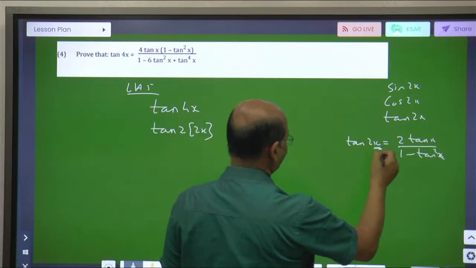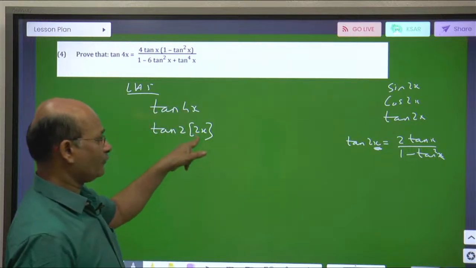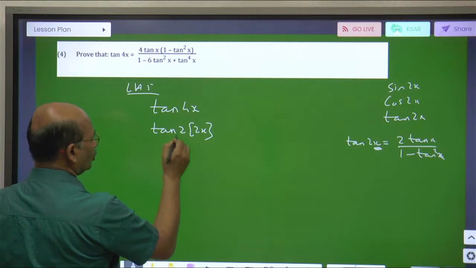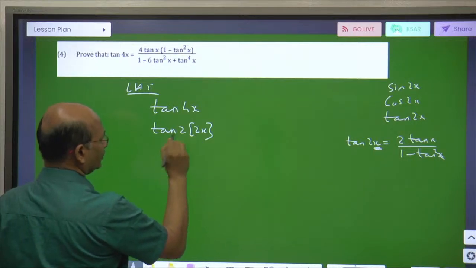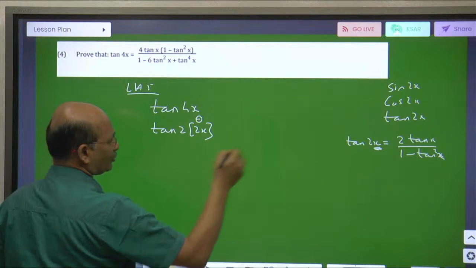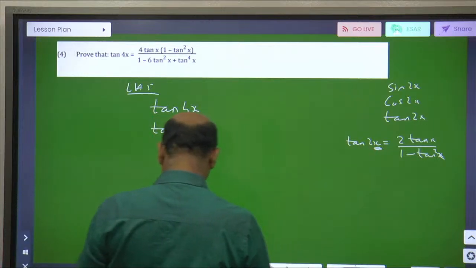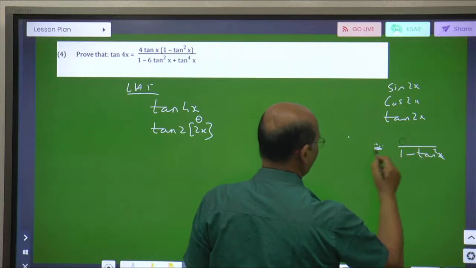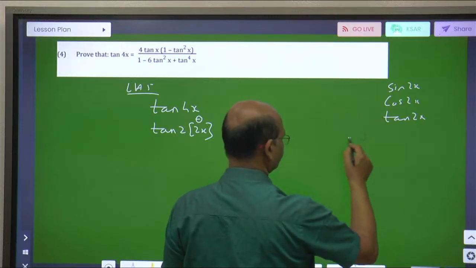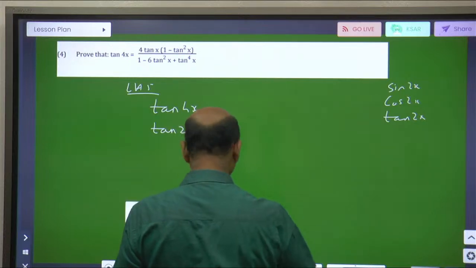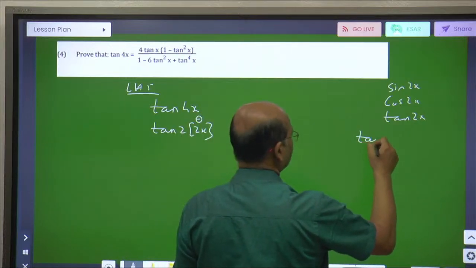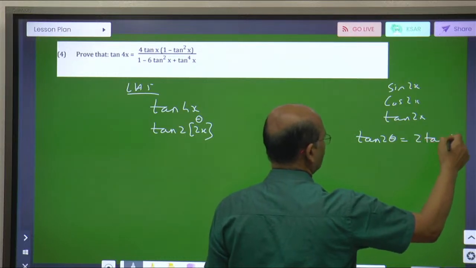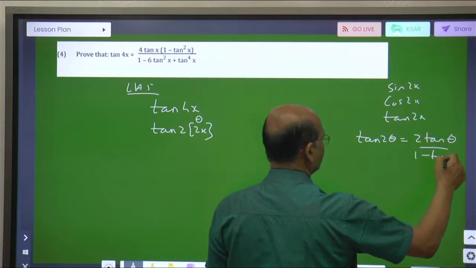So that is what it is. Now, this 2x is the new x for me. So apply the same formula here. This is my theta. If I put the formula in terms of theta, you will understand it better. Tan 2 theta is nothing but 2 tan theta upon 1 minus tan square theta.